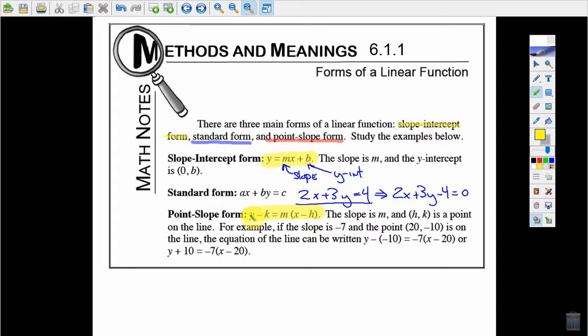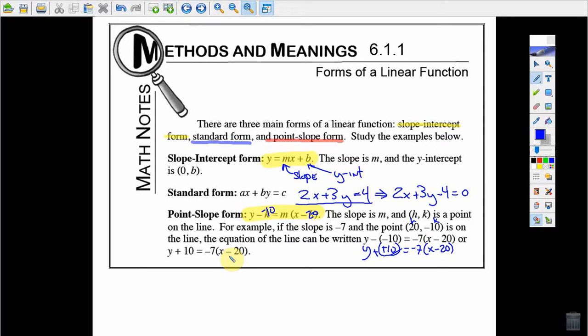For example, if the slope is -7 and you're looking at the point (20, -10), then the equation can be written as y minus -10, because remember this is h, this is k, so we plug in -10 for k and 20 for h, and we get y minus -10 equals -7 times x minus 20. And after you take care of your double negative there, you get y plus 10 equals -7 times x minus 20.